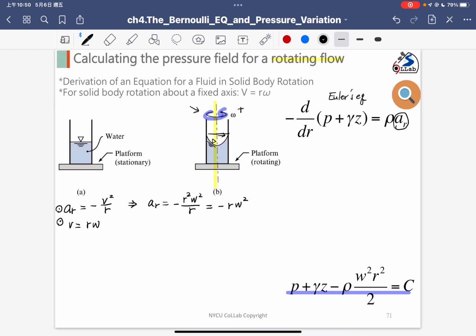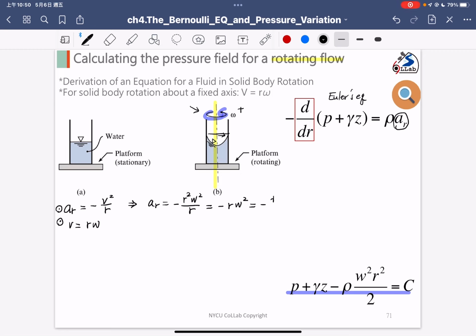But you see on the left-hand side we have d/dr, but right now a_r has no differential along the r direction, so we need to have the dr operator. So again, there will be a minus, and we keep the minus.